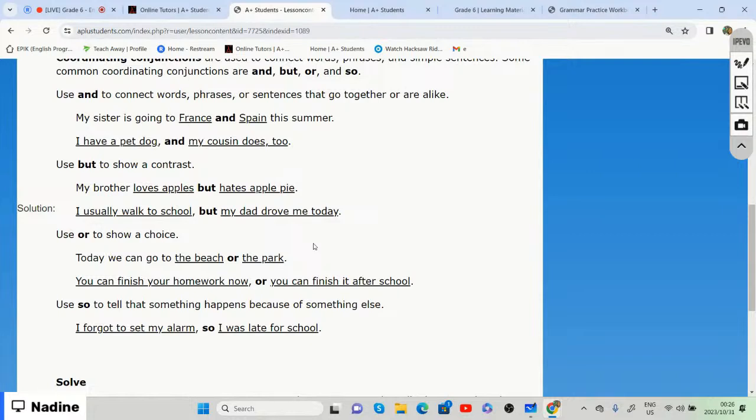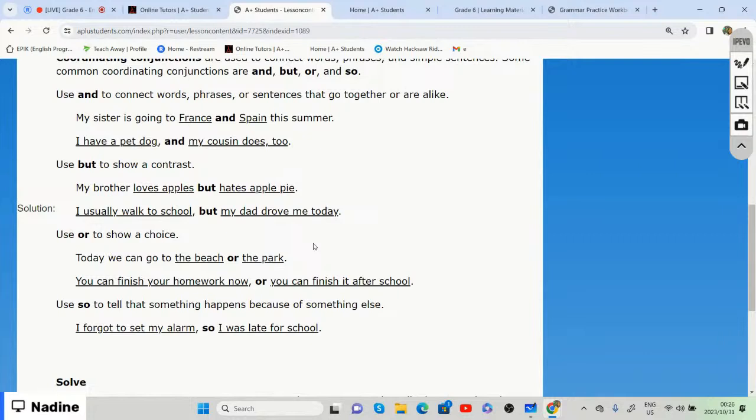I usually walk to school, but my dad drove me today. And then we have "or," right? We use "or" to show a choice. It's like either-or, this or that, right?